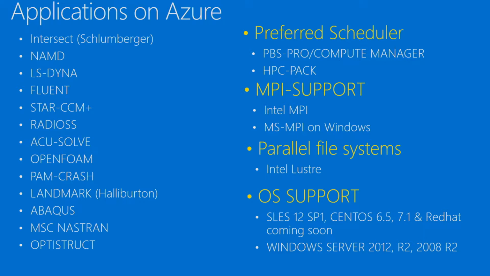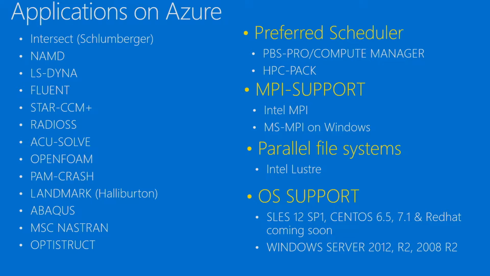Typical applications that we have tested or have worked with and work very well in Azure, here is a quick list of them. If you're an IT pro, you don't need to know these by heart. But if you are talking to your end users or your customers in your organizations, they will recognize these. So NAMD is a molecular dynamics code. It's open source technology.